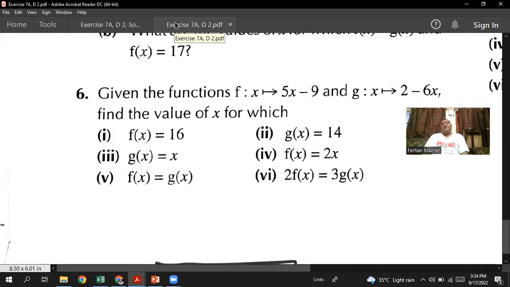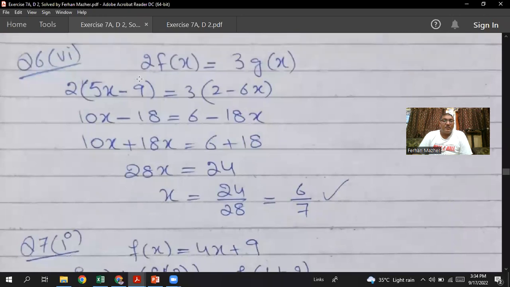Then the sixth part is 2 into f of x is equal to 3 into g of x. So we will have 2 multiplied with f of x equal to 3 times g of x. So you will have 2 bracket f of x is 5x minus 9, and 3 bracket g of x is 2 minus 6x, close.